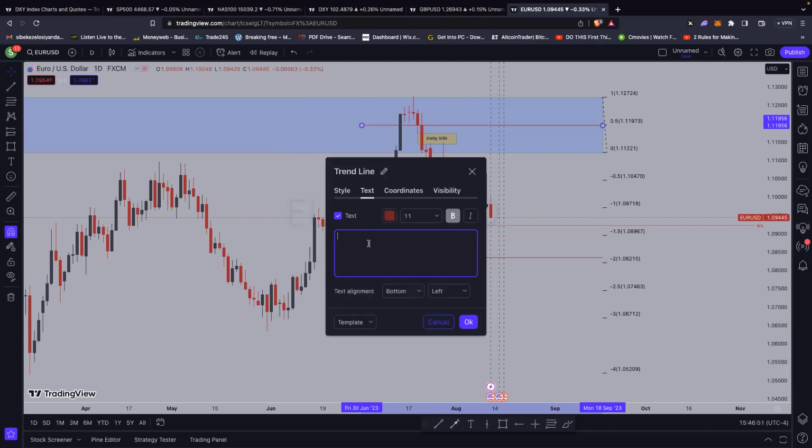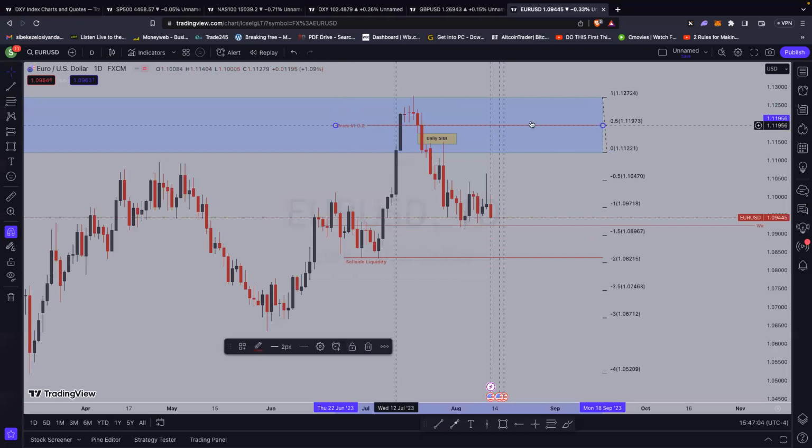This is the premium volume imbalance CE. Right, middle, left. Yeah, I'm just gonna use a line.